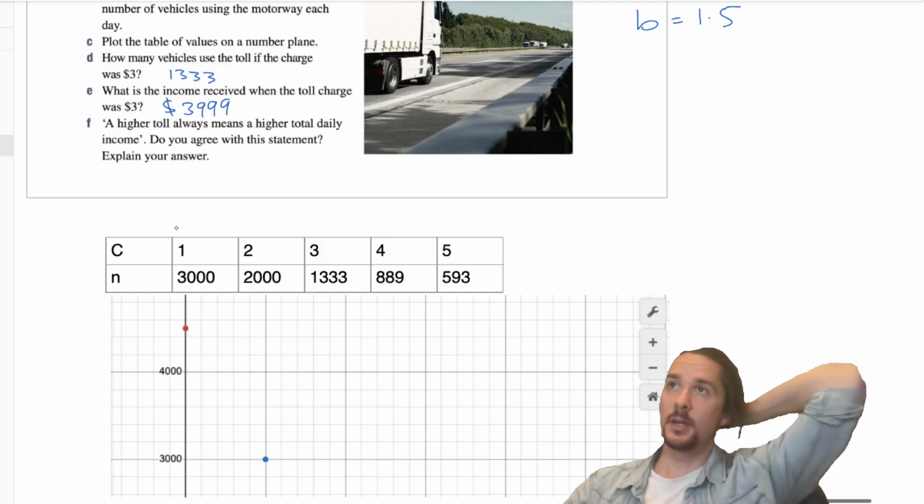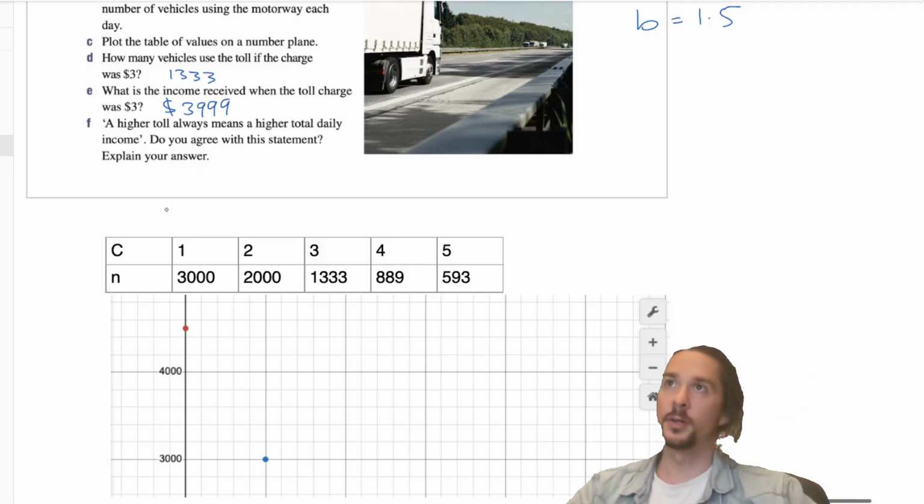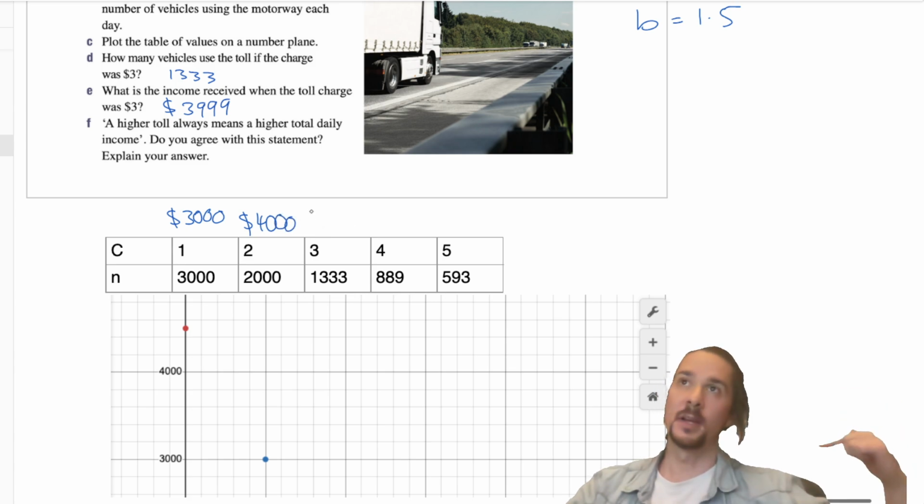So here, if we have 3,000 people paying $1, that's going to be $3,000 in income. If we increase the toll to $2, the income does go up. It goes up to $4,000. As we just found, when we get to $3 each, it goes down a little bit. It becomes 3,999. It's basically the same.